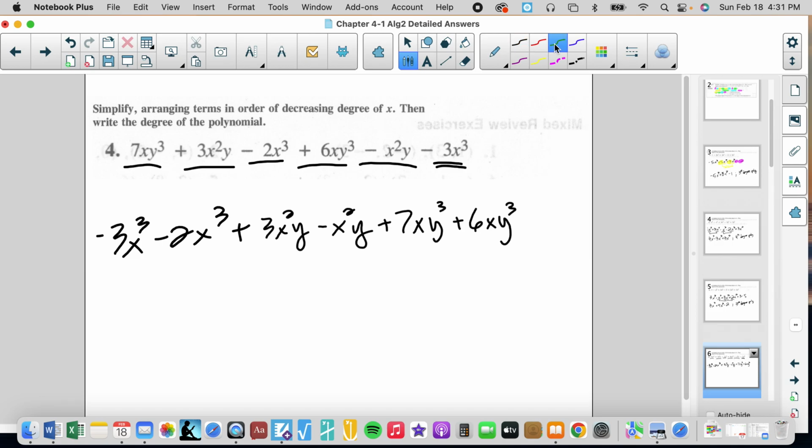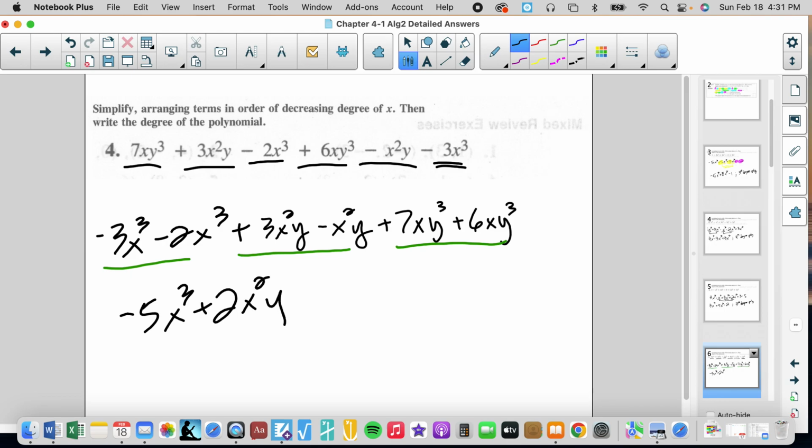Based upon my terms, I'm going to combine those like terms, these like terms, and these like terms. And I get negative 5x to the third plus 2x squared y plus 13xy to the third, and that's going to be a fourth term polynomial.